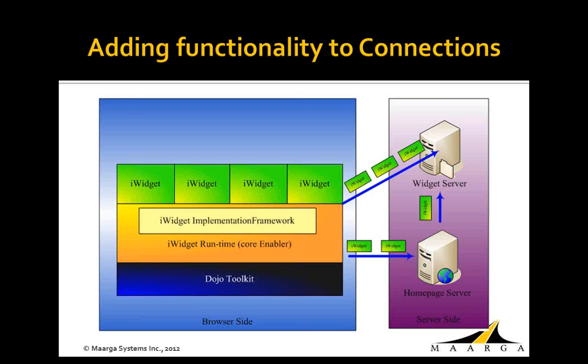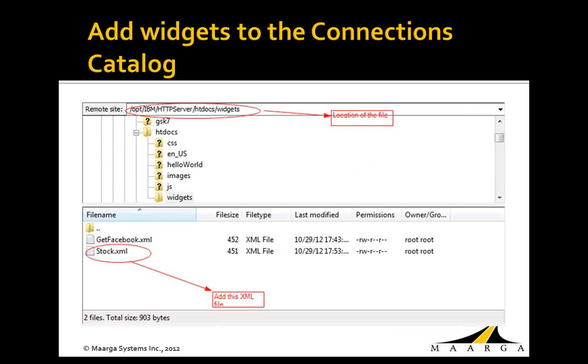So how do we add a widget to Connections? We go and create a folder called widgets in the HTTP server htdocs of your IBM installation, and this is the path shown here. We intended to show the stock, so we create an XML file called stock.xml, and the code of the XML is shown next.